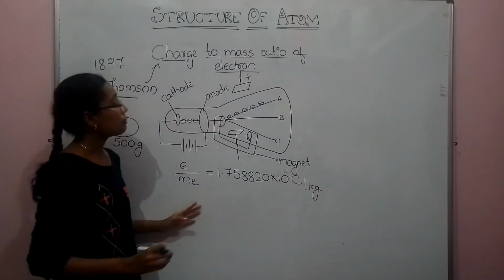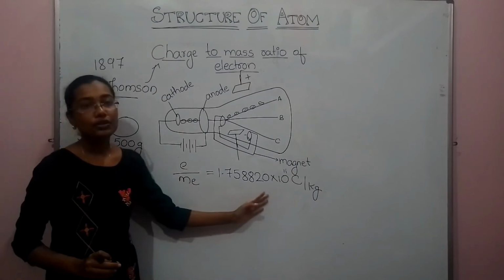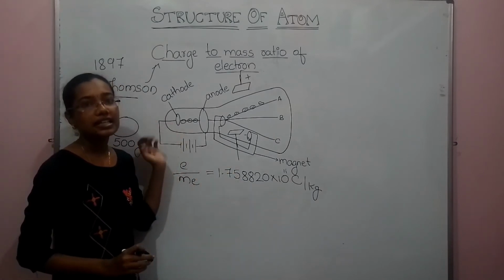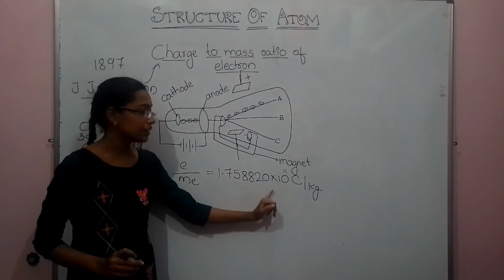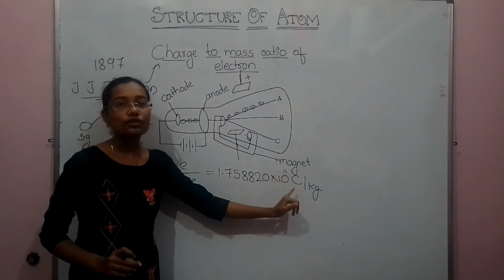This is the charge to mass ratio value given by J.J. Thomson, that is 1.758820 into 10 to the power 11 coulomb per kg.